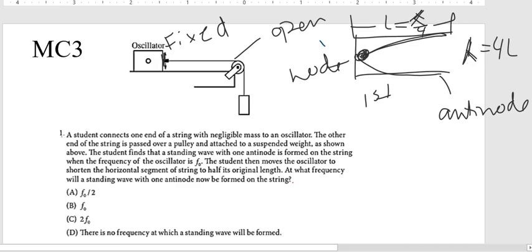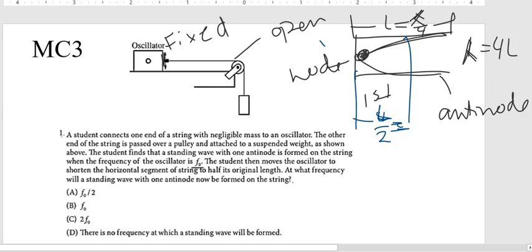Okay, what are they wanting to know? The student finds a standing wave with a frequency of f naught. The student then moves the oscillator to shorten the string to half, so this would be L over 2.